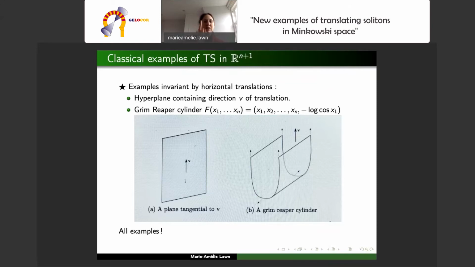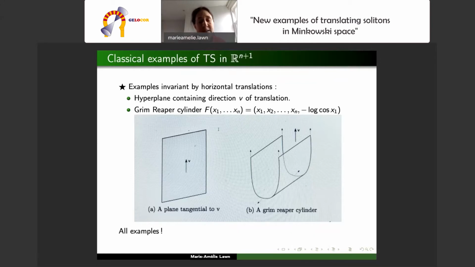If you translate in the horizontal direction v, nothing is going to change. You just get the same plane. And the other example is the Grim Reaper, which is this curve here. This is the Grim Reaper curve, the profile curve, and then you take the cylinder over it, and as you can see, if you move it in the vertical direction, while in the horizontal direction the cylinder doesn't change.